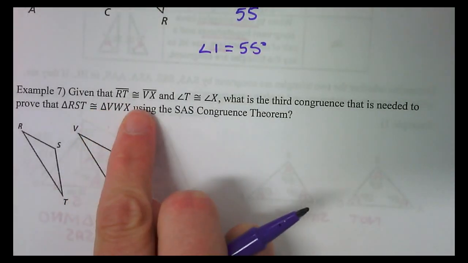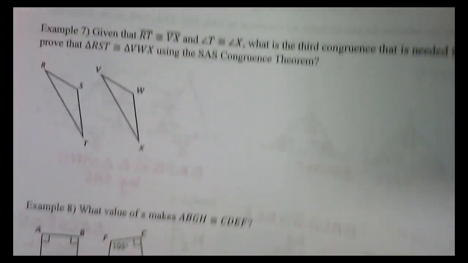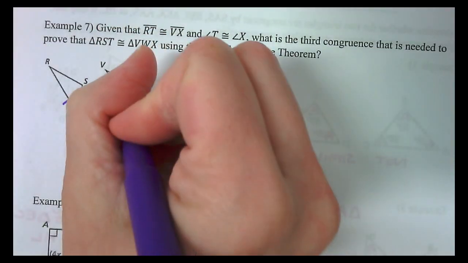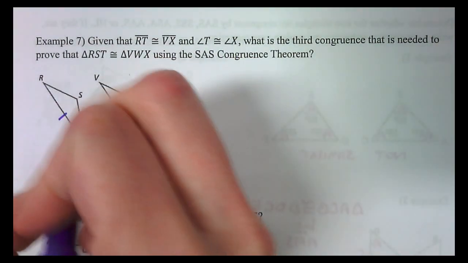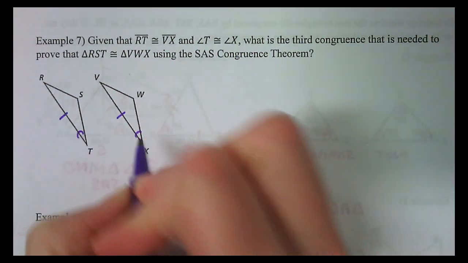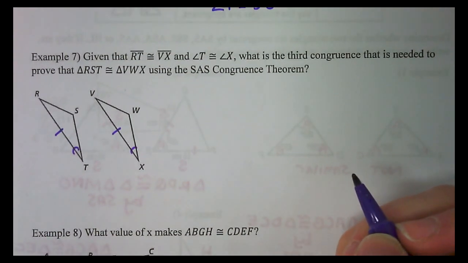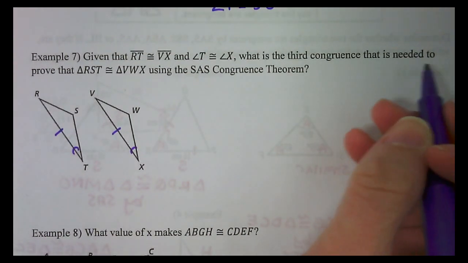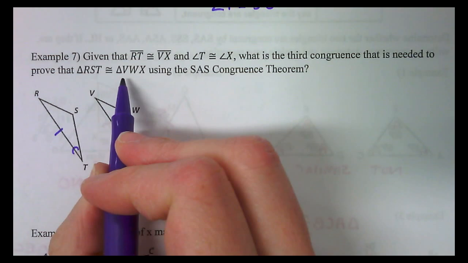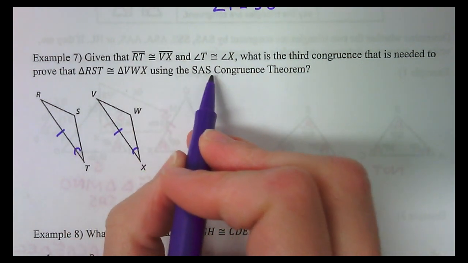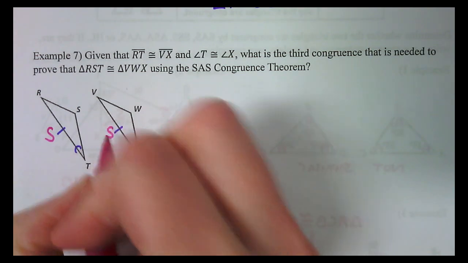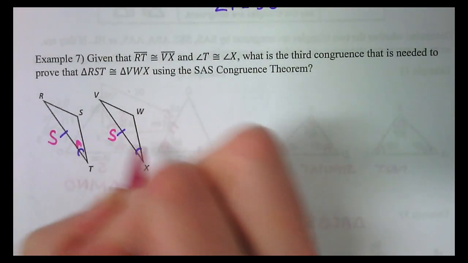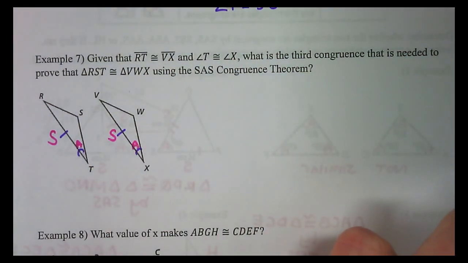Example 7, given that RT is congruent to BX, so this one and this one are congruent. T is congruent to X, so this angle and this angle are congruent. What is the third congruence that is needed to prove the triangles are congruent using SAS? So think about what we have. We have these sides that match, and we have this angle that matches.